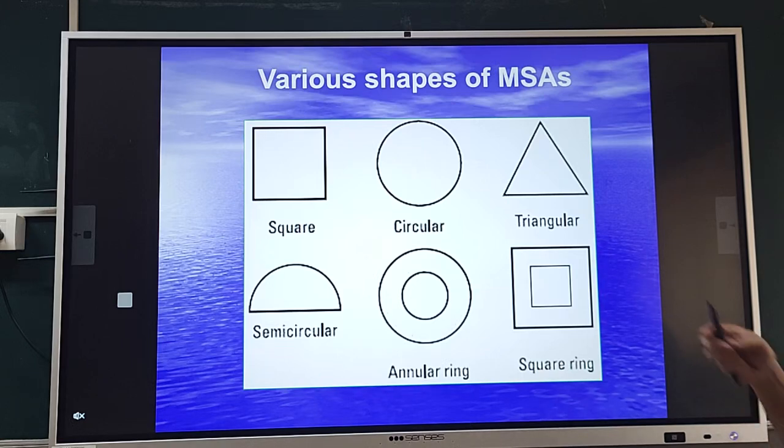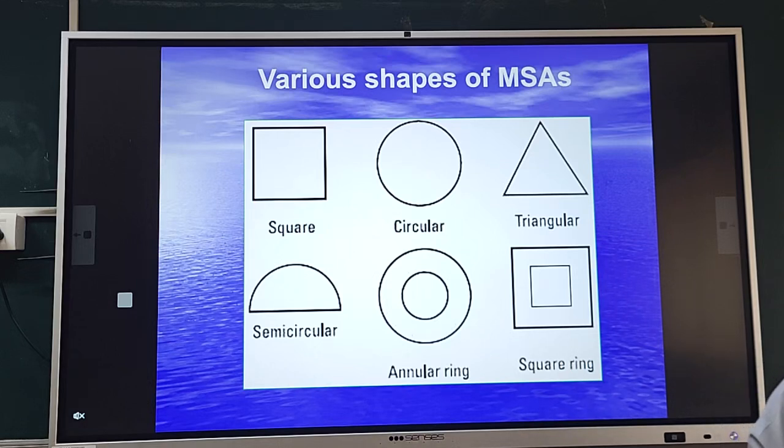Otherwise, if I just realize, say for example, a ring, remember, there are no standard functions which are available directly for the circular ring or a rectangular ring as against a circular or rectangular patch. So there, defined functions are not available, and numerical techniques are not directly applicable to these modified shapes.